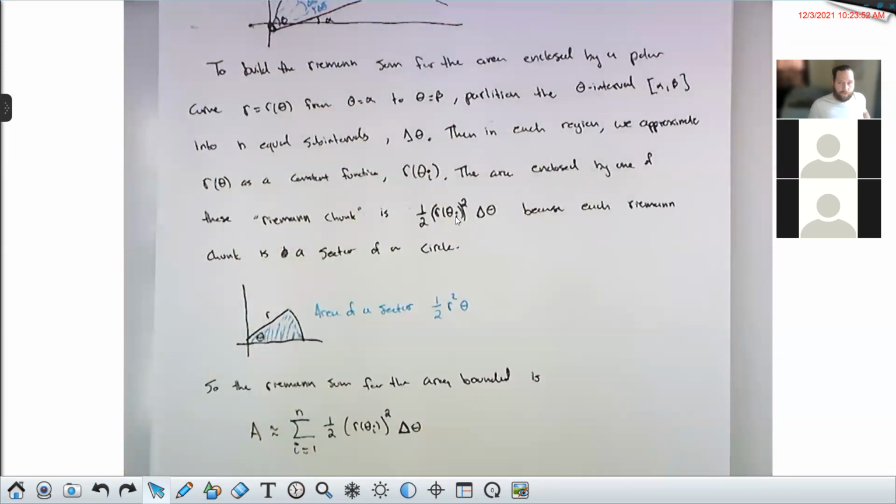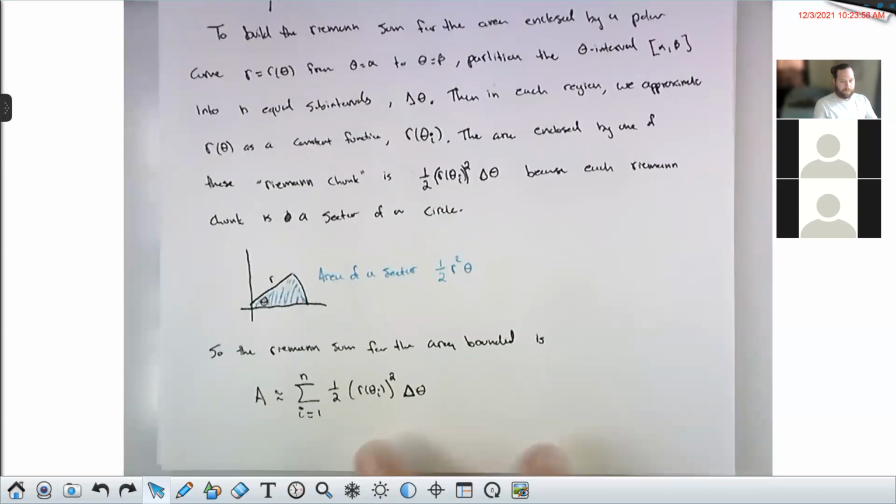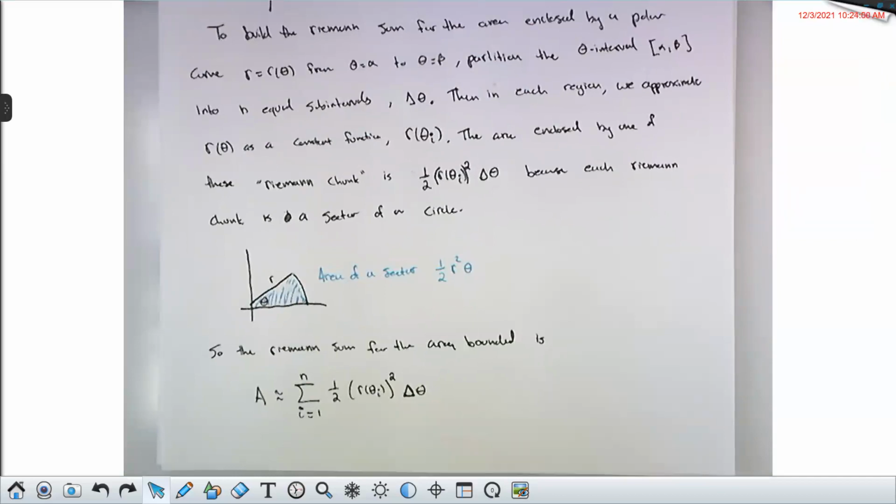And as n goes to infinity, this Riemann sum becomes an integral, the area becomes exact, and so on. Write it out.